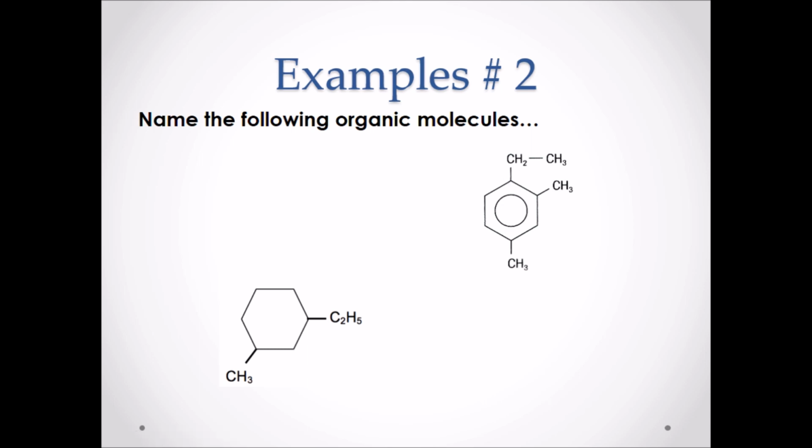In order to accomplish this, the ethyl branch should be given the first carbon. This methyl will be given the second, and the last methyl will be given the fourth, giving us the name 1-ethyl-2,4-dimethyl benzene. Again, the benzene structure is the parent, so benzene will be at the end of our nomenclature.